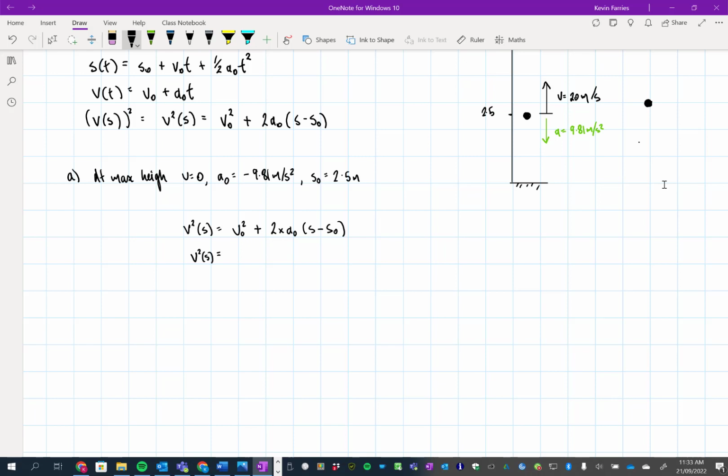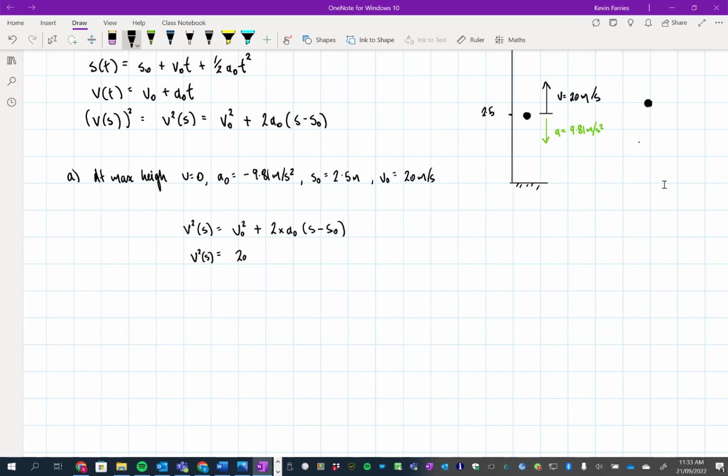So v squared at a given distance s is just equal to, so our v0, oh, I haven't written that down, and v0 was equal to 20 meters per second in the positive direction.